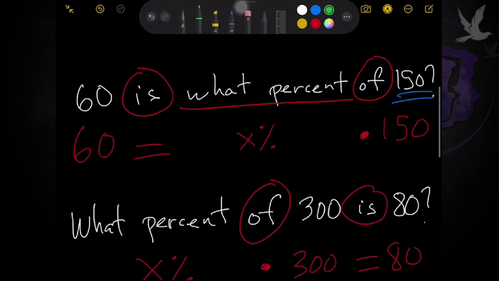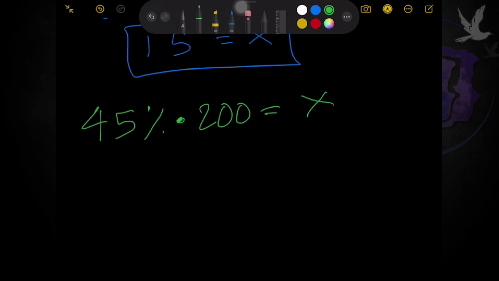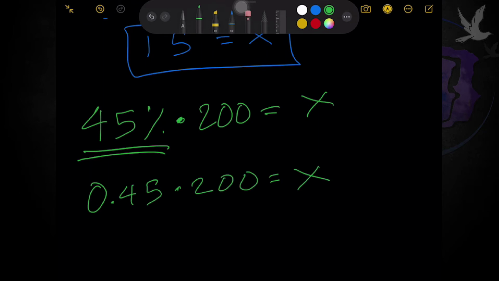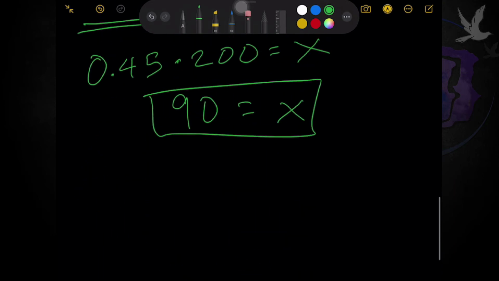Okay, 45% of 200 is what? So in mathematical expression, it's 45% times 200 equals x. Then again, 45% just needs to be changed to a decimal, 0.45 multiplied to 200 will give you your x. Okay, so that's 200 multiplied to 0.45. That gives you 90, sorry. So your x is equivalent to 90, and that basically gives you the answer.